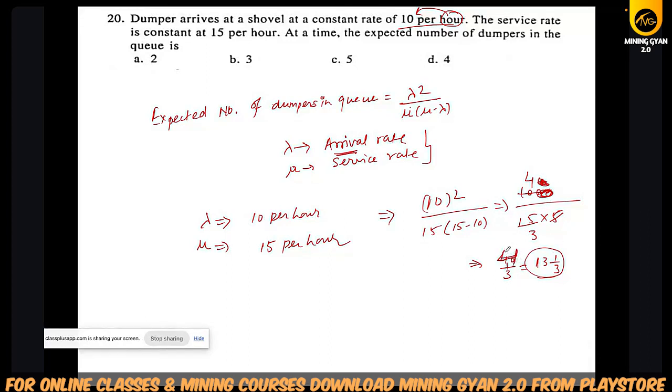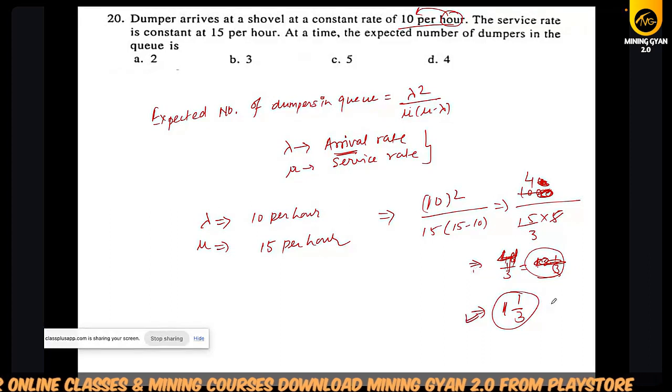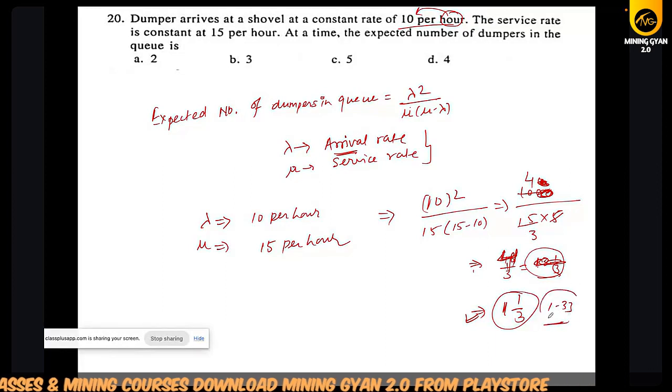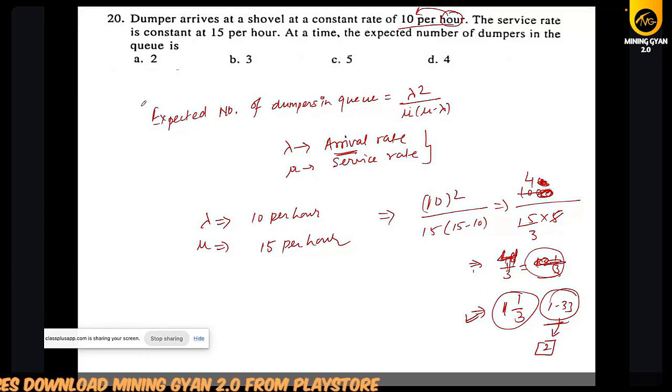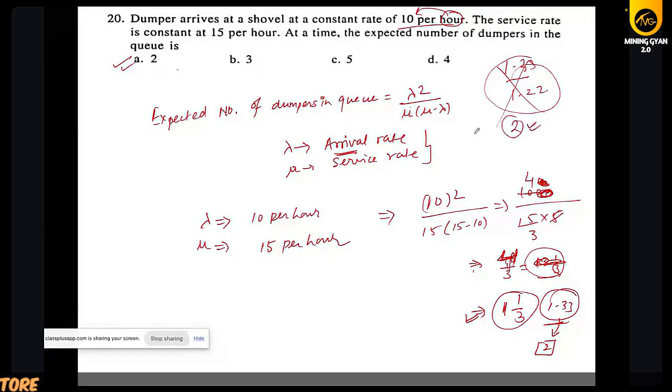So it is 4 divided by 3, so then it will be 1 ratio 3, which is 1.33 as a fraction. We are not taking 1.33, we will take the bigger one, so we will take 2. A dumper cannot be in decimals, like 1.33 or 1.22, it should be an integer, so we will take 2. So the expected number of dumpers in the queue will be 2.